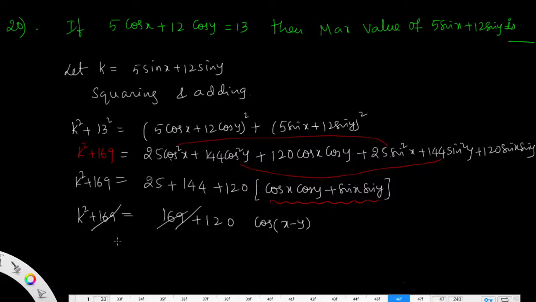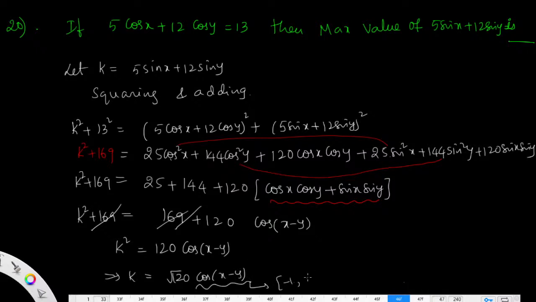Therefore k square equals 120 into cos of (x minus y), so k equals root of 120 cos(x minus y). For the maximum or minimum, cos of (x minus y) lies in the interval minus 1 to plus 1.